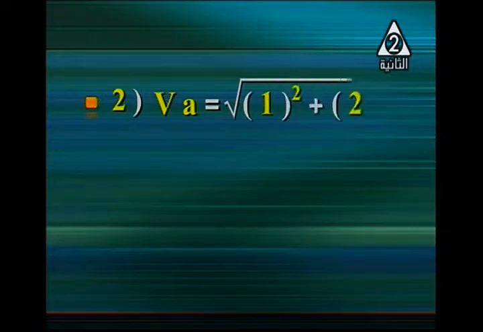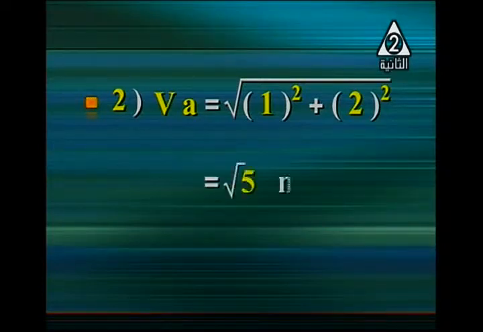Then number 2, VA, what is the norm? We find 1 squared plus 2 squared under square root equals square root 5. This is the velocity when the particle moves from A to B.